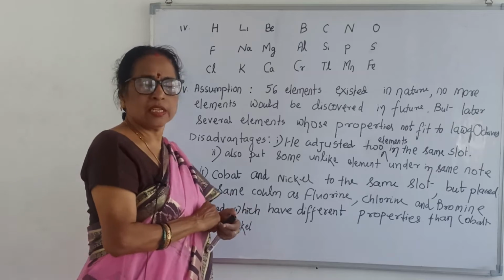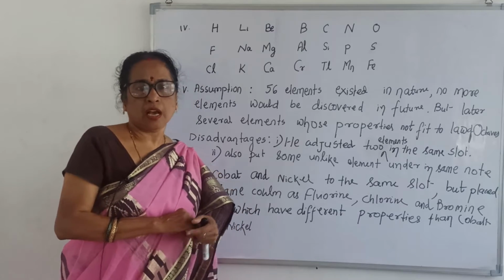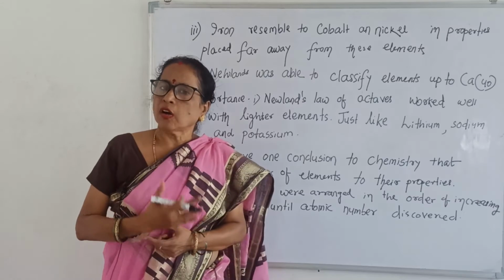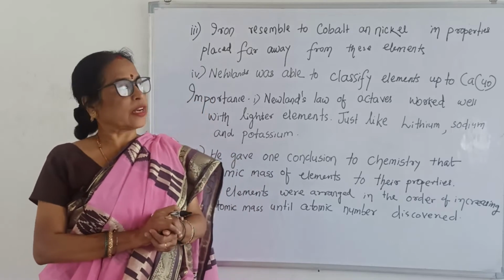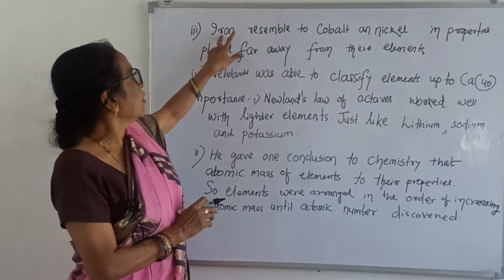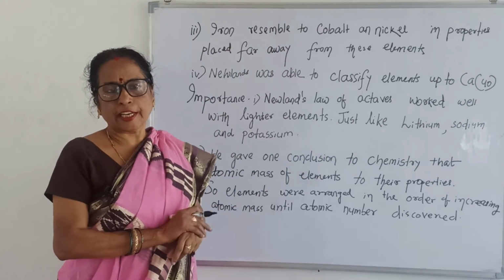And see another disadvantage of Newland's law of octaves. Here, iron resembles cobalt and nickel.